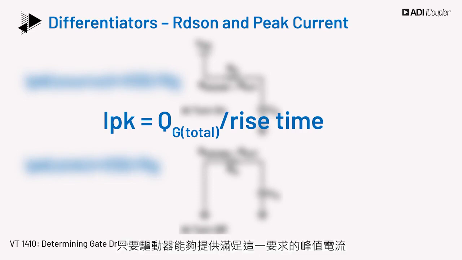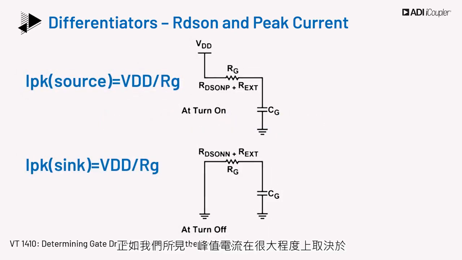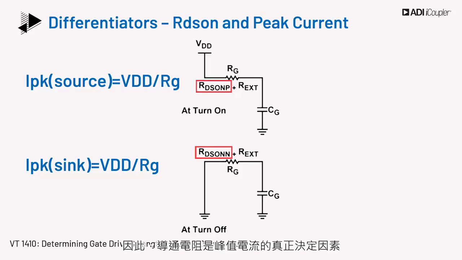As long as the driver can deliver the peak current to meet this requirement, the driver can be considered for an application. As observed, the peak current is heavily dependent on the on-resistance of the NMOS and PMOS MOSFETs in the driver output stage. RDS(on) is therefore the true basis for peak current.